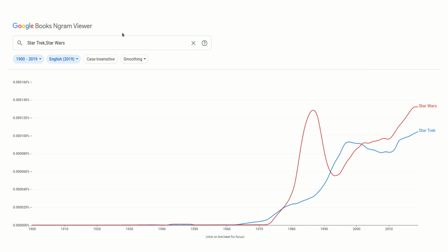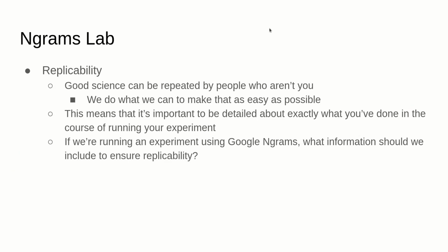And so this is the kind of thing that you can do, and you can use this to think not just about, say, media like Star Trek and Star Wars, but concepts like justice or peace. And we could think about which of those is more prevalent in the popular context and in these writings that we're examining here. And so you can use this data and this tool to start to think through some possible answers to questions.